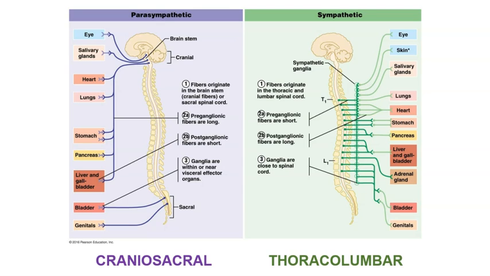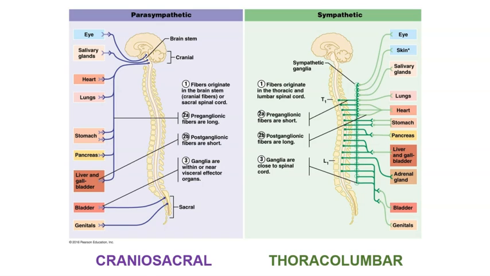So for this reason, the parasympathetic division is anatomically referred to as the craniosacral division. The sympathetic neuron axons, on the other hand, emerge from the thoracic or lumbar region of the spinal cord. So this division is anatomically referred to as the thoracolumbar division.